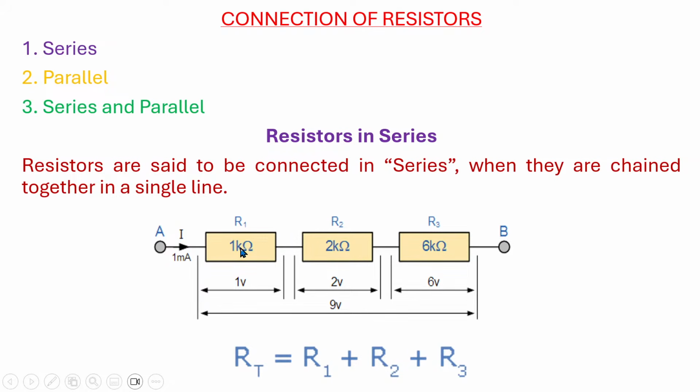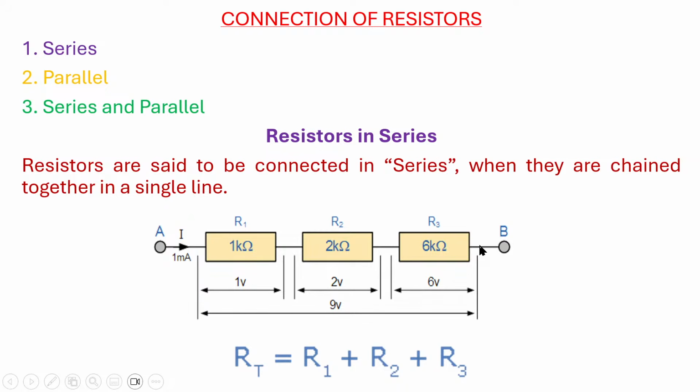So you can see resistor 1, resistor 2, and resistor 3. They are all connected together in series. So for you to calculate the equivalent resistance of resistors connected in series, all you need to do is to add the individual resistances.